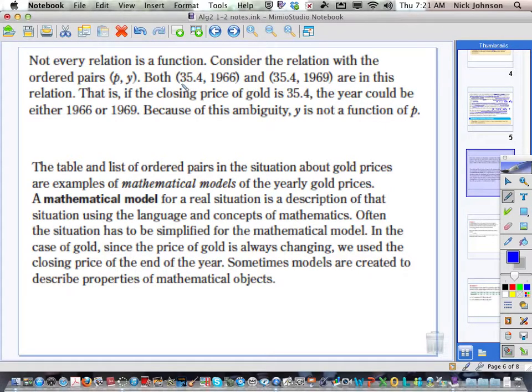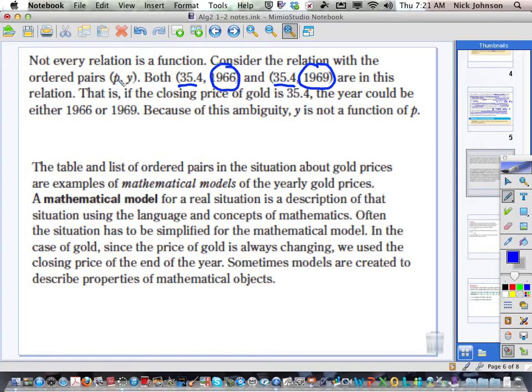Notice both their x values are the same. Since their x values are the same and their y values are different, this number doesn't map to exactly one year. It maps to two different years. It maps to 1966, and it also maps to 1969.